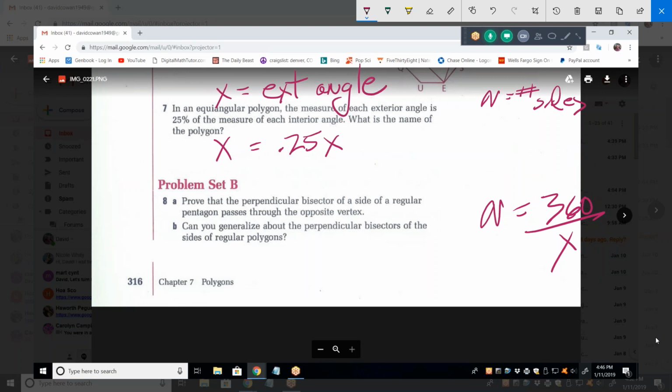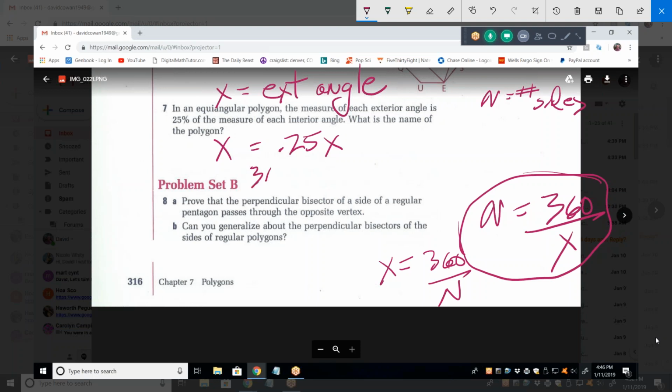If we have an exterior angle of 90 degrees, we have a quadrilateral. n would be 360 divided by 90. If we have an exterior angle of 120, we have a triangle. So that's definitely correct. Now, does that help any? If I plug in, that makes X equal 360 divided by n. So we have the same problem, don't we?